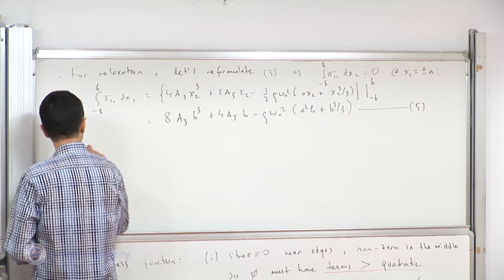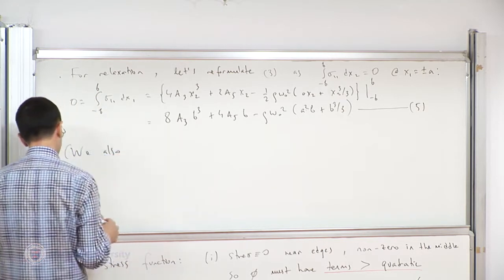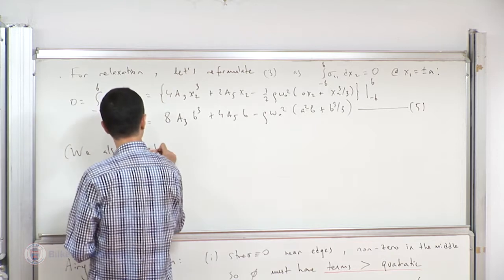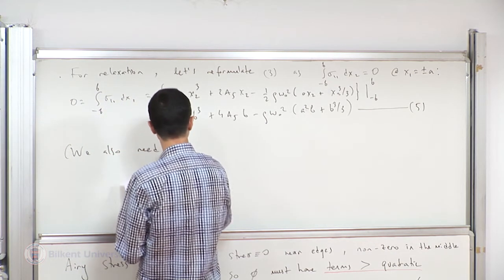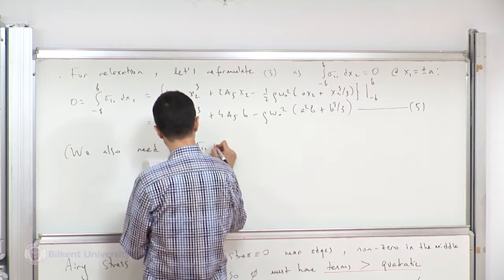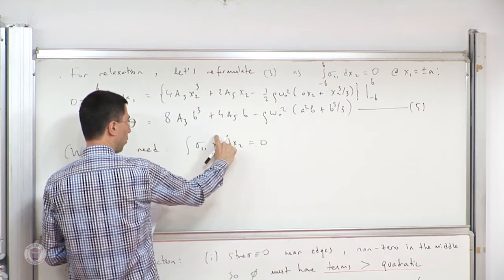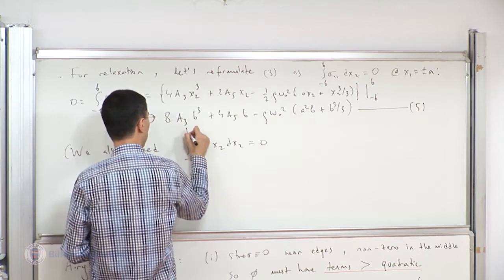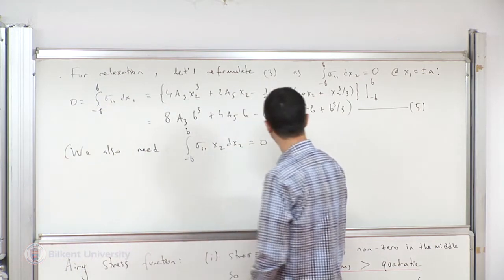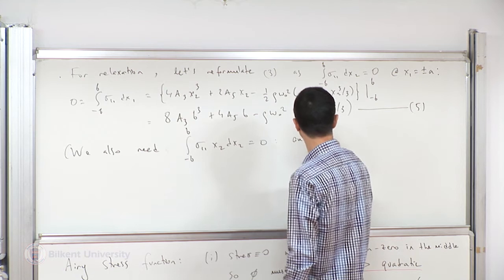Okay. Now, you should also notice that we are enforcing static equivalence, and we, of course, also need that the moment of sigma 1,1 should be equal to 0. So sigma 1,1 x2, that will be the moment arm, minus b to b should be equal to 0, but it's automatically satisfied.